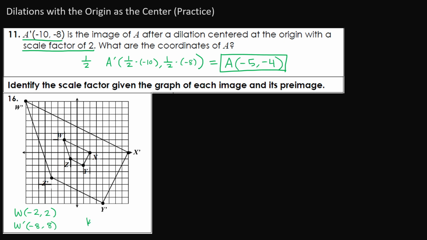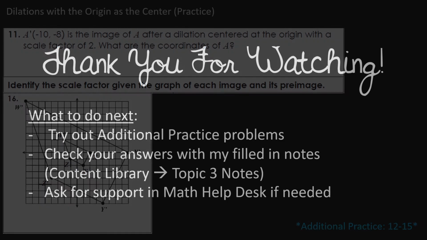So in this case, the scale factor is 4. Our pre-image is 4 times smaller than our image. In other words, we enlarge this by 4 times. For additional practice with concepts like this, try out questions 12 through 15.